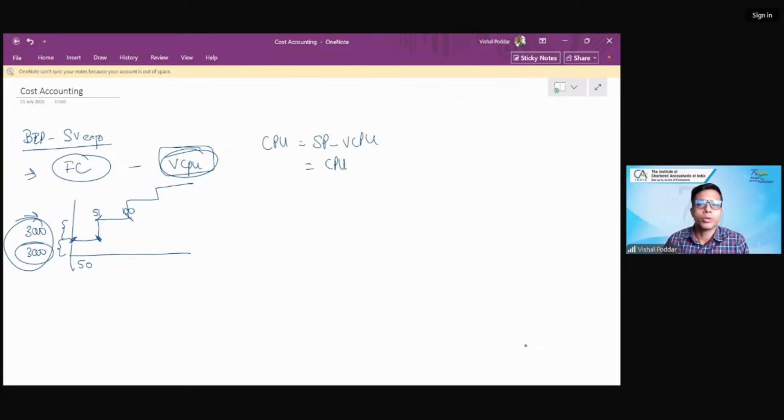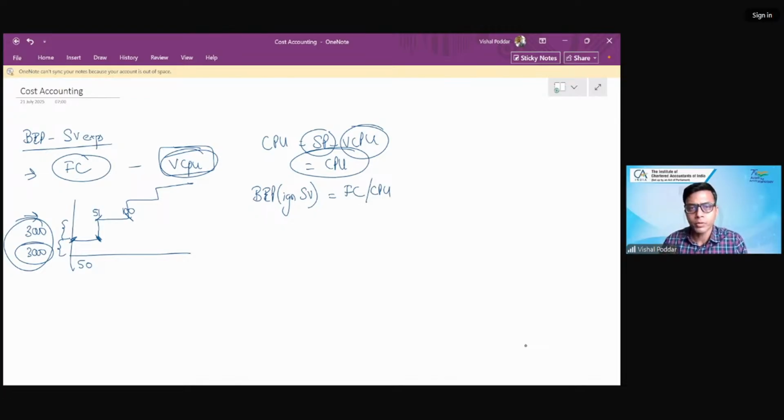Exactly. So in this case, how do you find the BEP? We find out CPU, which is selling price minus variable cost per unit. Then you find out a BEP, for the time being ignoring this semi-variable, so it will be your regular fixed cost upon CPU.